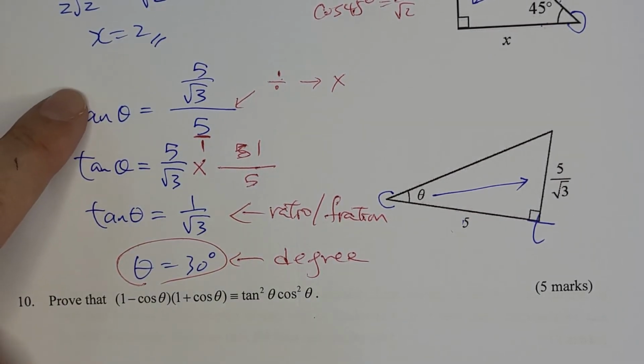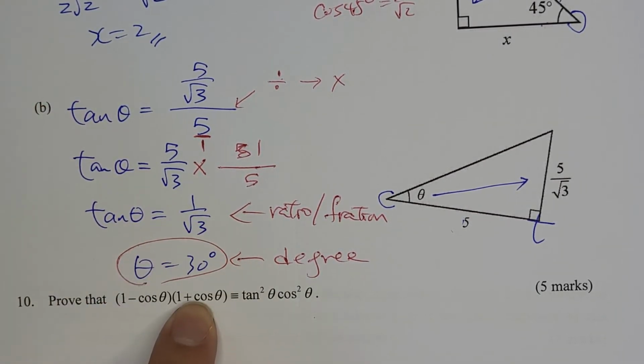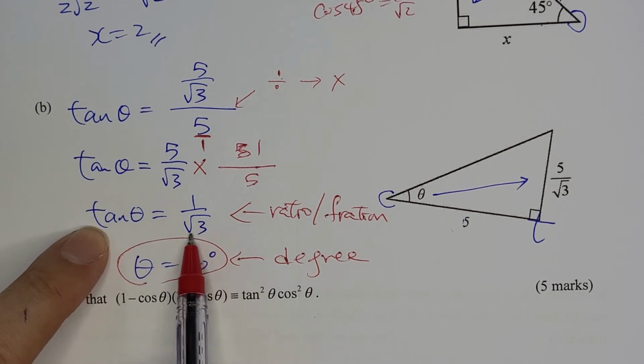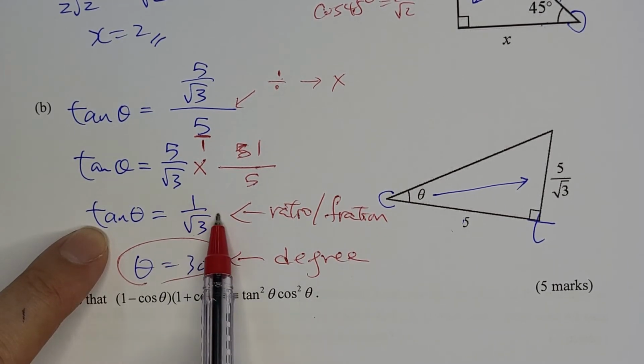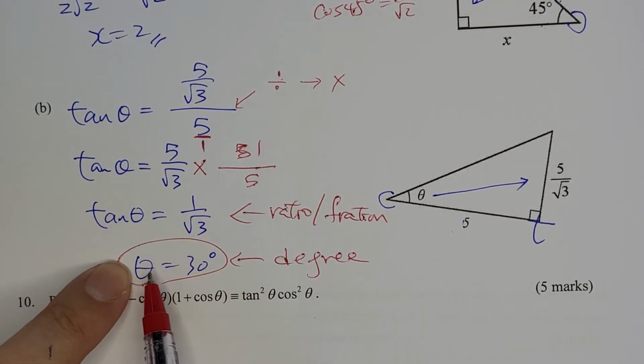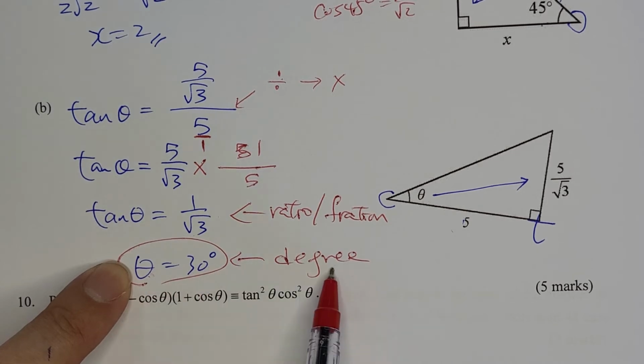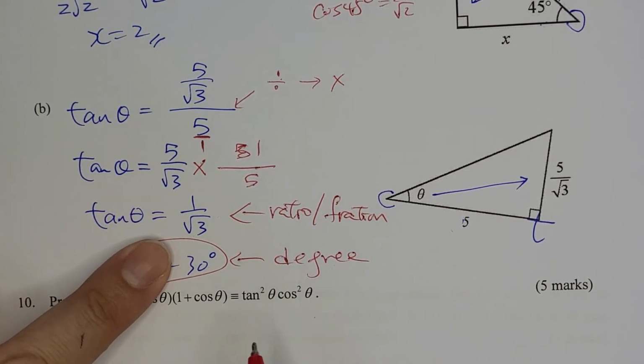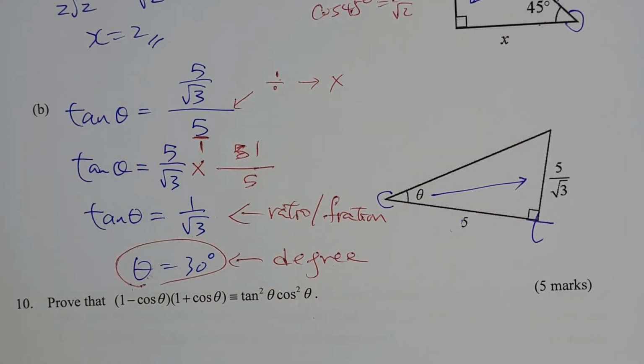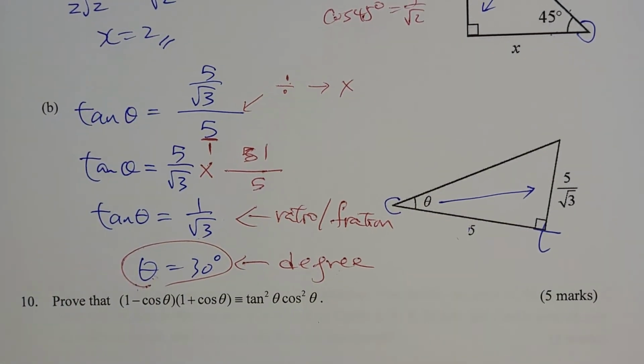You should always write down the left hand side and right hand side in your presentation. If tangent theta equals a number 1 over square root 3, then this angle theta will be 30 degrees. If you omit this one, it is not correct, okay? So that's the end of question number 9.